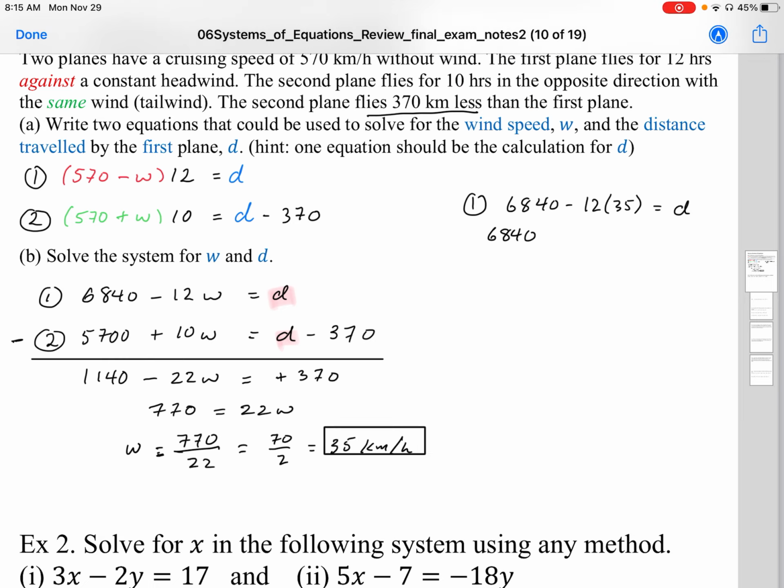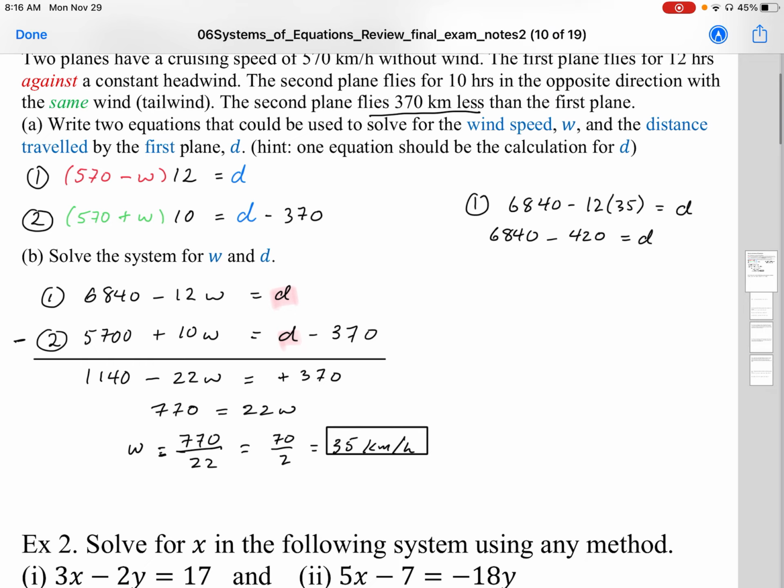So 10 times 35 is 350. 2 times 35 is 70. 350 plus 70 gives me 420 here. Subtracting these two, I get 6420, and that represents the distance traveled by the first plane.